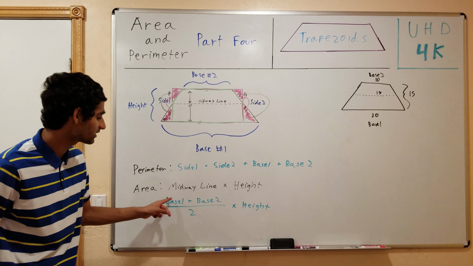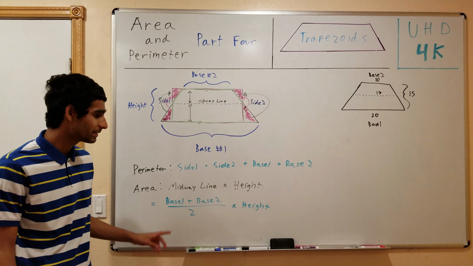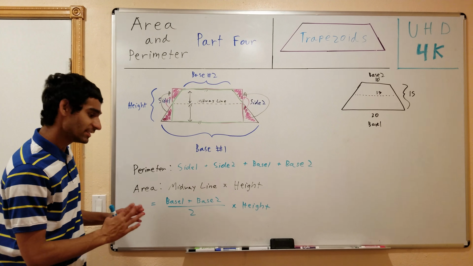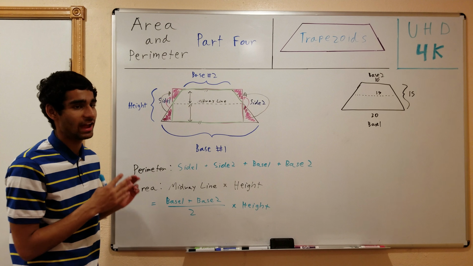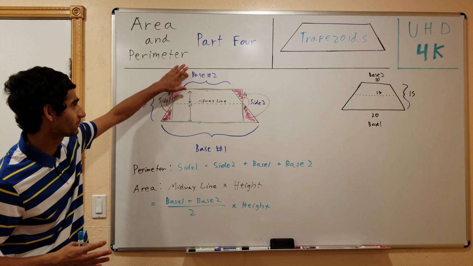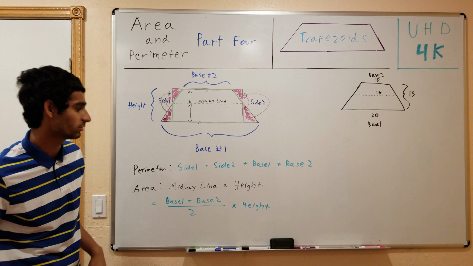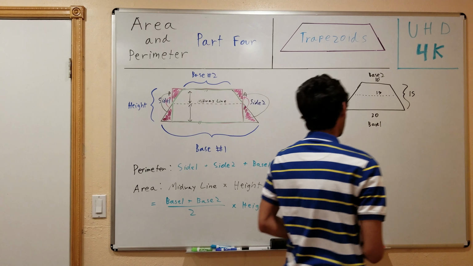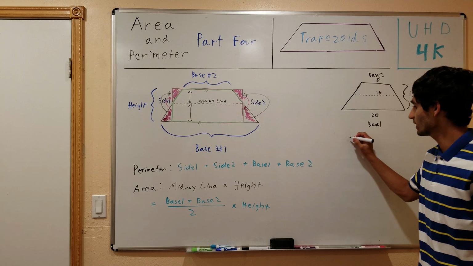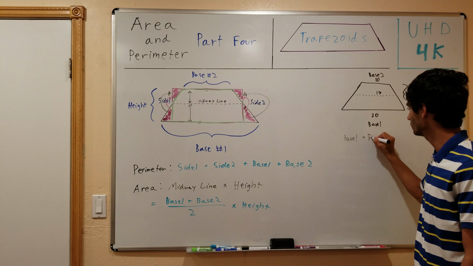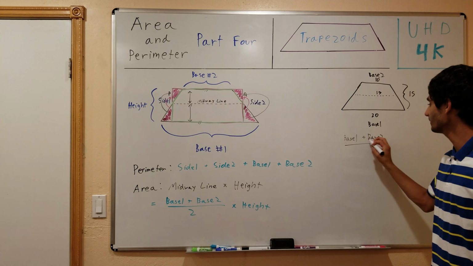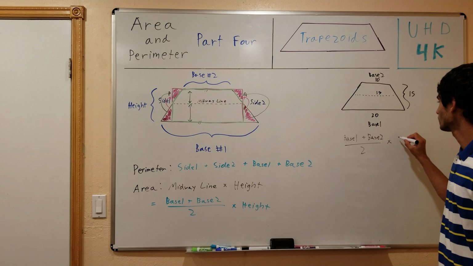So that means if base 1 is 10, base 2 is 20, the midway line is 15. Because try to think about it this way, the length of the midway line is going to be halfway in between the length of base 1 and length of base 2. So let's do this. So it's going to be equal to base 1 plus base 2 divided by 2 times height.